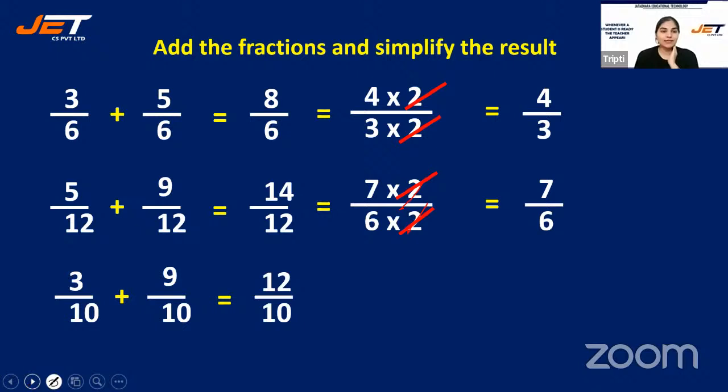It's 12 by 10. I can write 12 as 2 times 6 and 10 as 2 times 5. Cancel. Answer is 6 over 5.